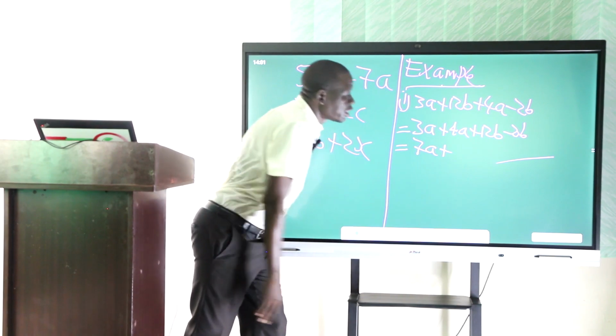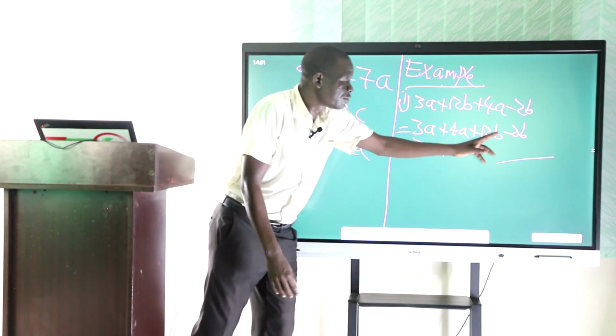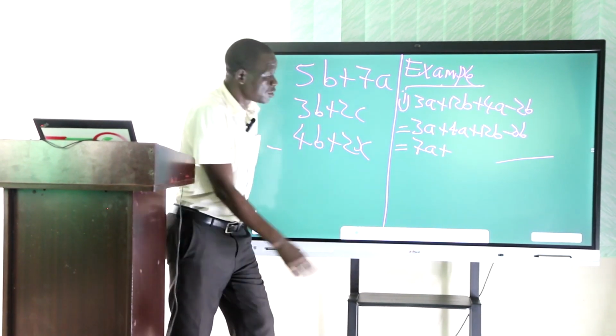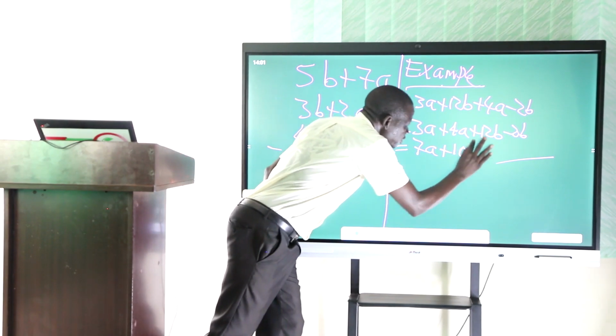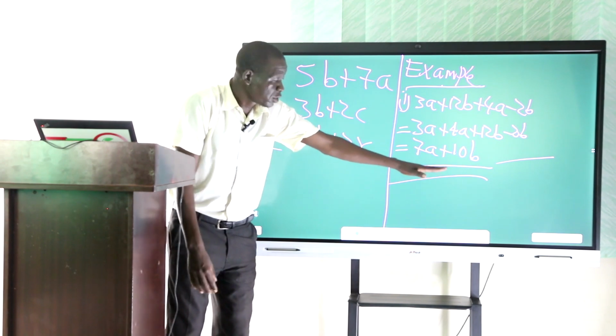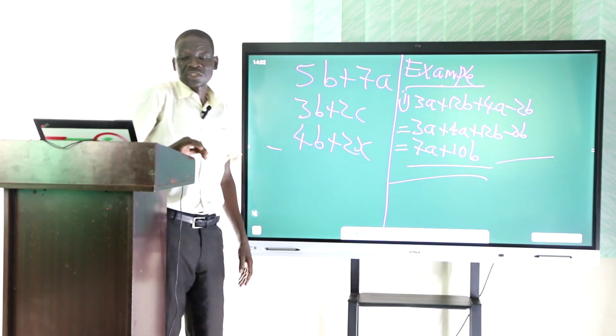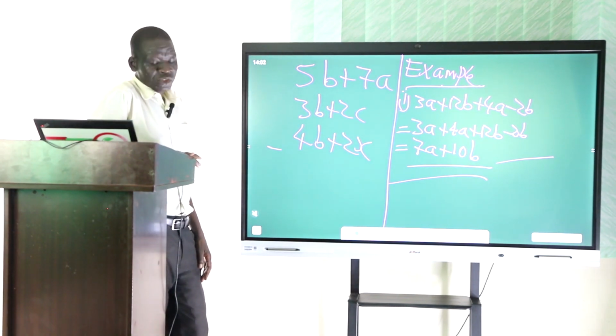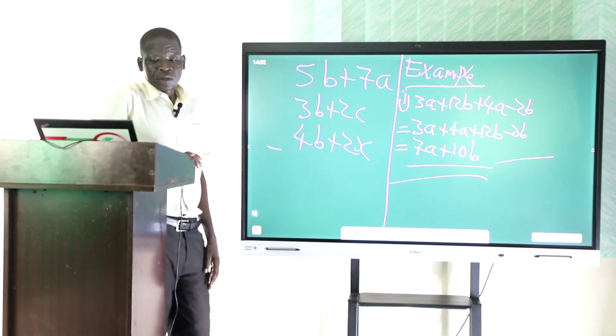A, plus 12b minus 2b, we get 10b. So here we cannot continue further because our expression now consists of unlike terms only.